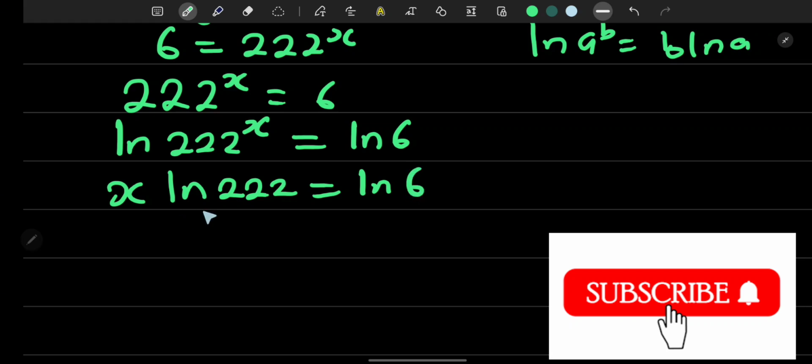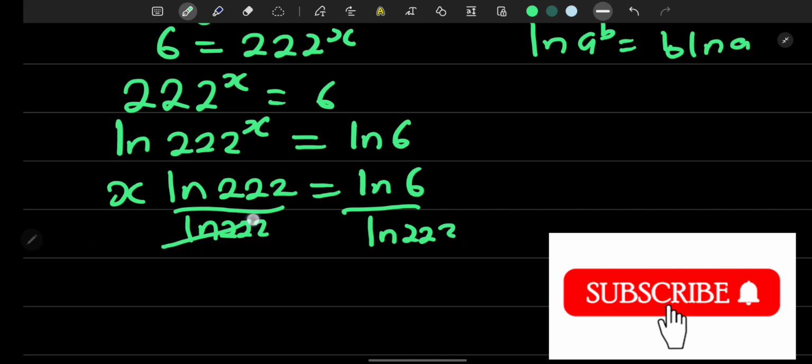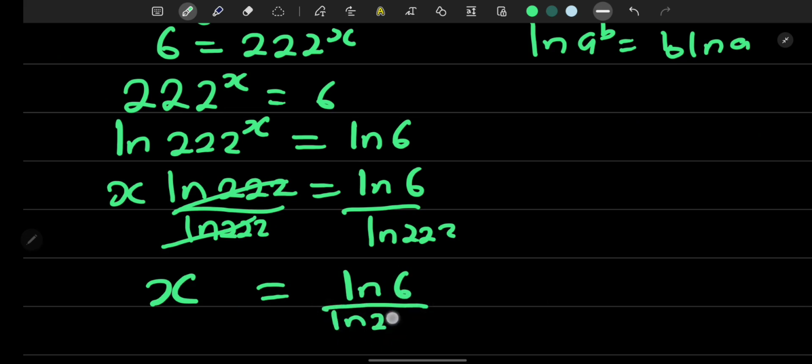What's the next thing to do to get your x? You divide both sides by ln 2. Then finally you have x to be what? ln 6 over ln 2. And this is the final answer to the given equation.